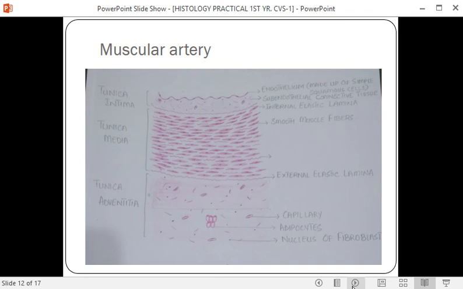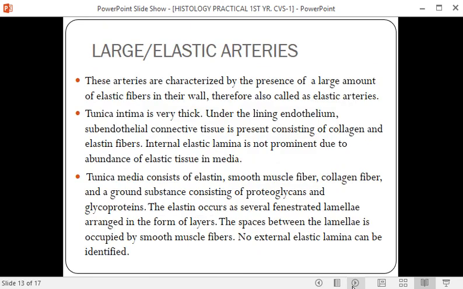Then is external elastic lamina, which is also very prominent, and it separates the tunica media from tunica adventitia. Tunica adventitia is made up of collagen and elastic fibers, capillaries, fibroblasts, and a few adipocytes are also seen.